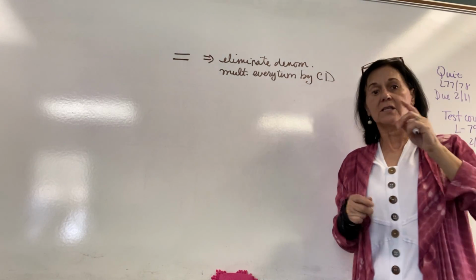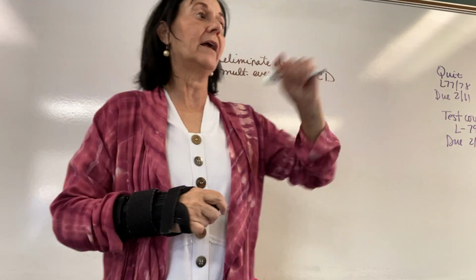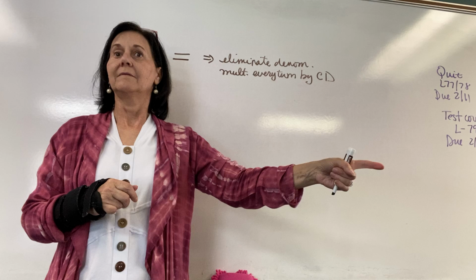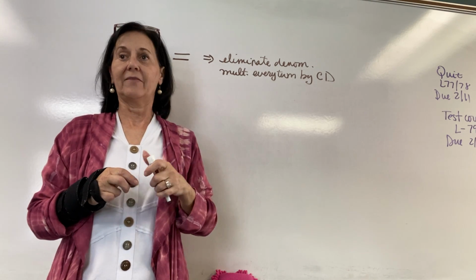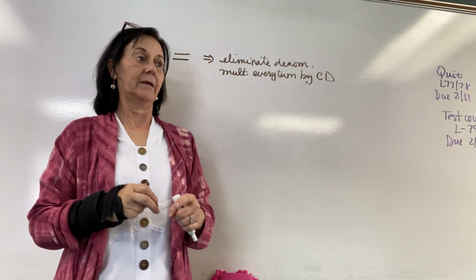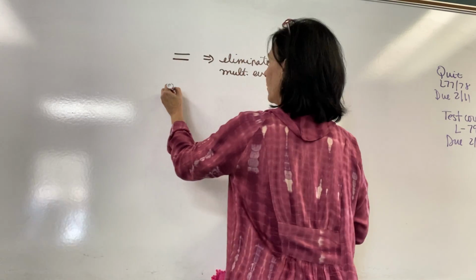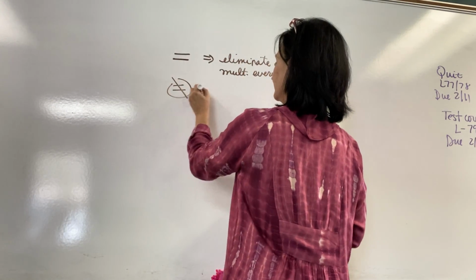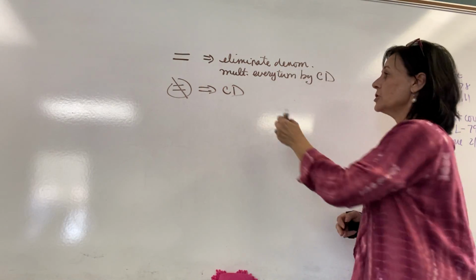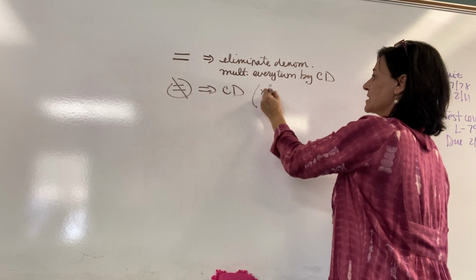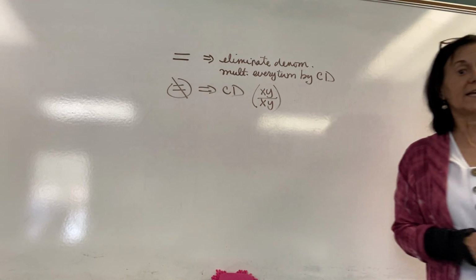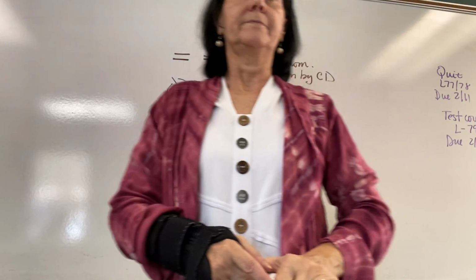Okay, so here's the Miss Paulaism. Equal sign, eliminate denominator. Equal sign, eliminate denominator. Equal sign, eliminate denominator. If I have no equal sign, I'm always going to a common denominator, because all I can do is multiply by something over itself to get to a common denominator.